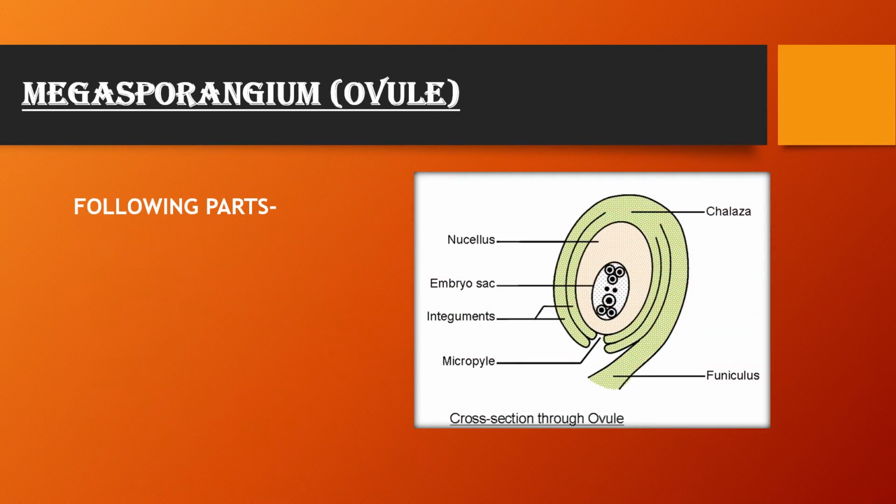This is the structure of a typical anatropous type of ovule. Anatropous ovule is the type of ovule in which the ovule bends towards the funiculus. That means the sites of funiculus and the ovule are very close, so closely arranged these parts will be.